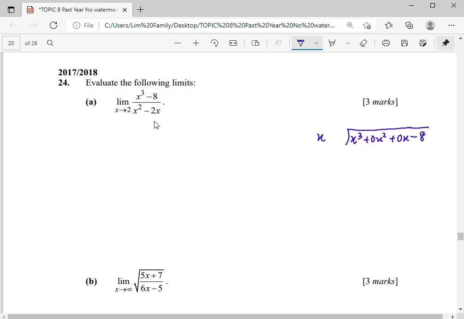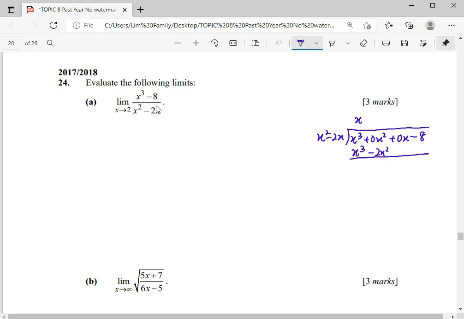Going to divide. So the purpose is to simplify our function so that we can get out of IDF form. So we do our long division for this polynomial. We take our x, multiply in to get x cubed.